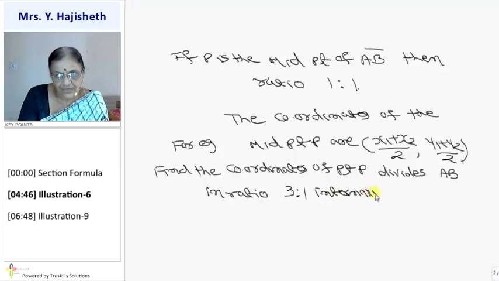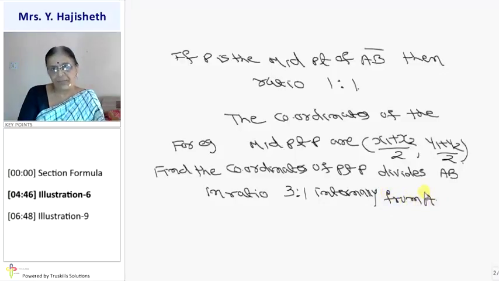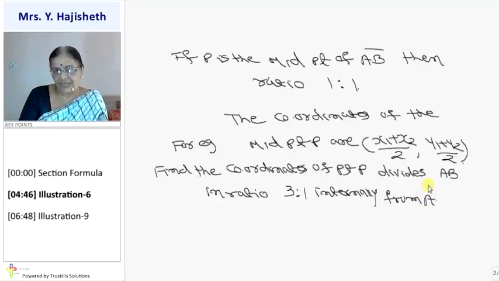In your course only internal ratio, जब 1:1 में आएगा तो externally आएगा. Internally from A. From जो point है ना, from A मतलब AP upon BP is 3:1 like that. जो from point है उसको x1 y1 लेने का, जो divide करता है वो xy और जो बाकी बचा गया वो x2 y2. Okay, that you keep in your mind.